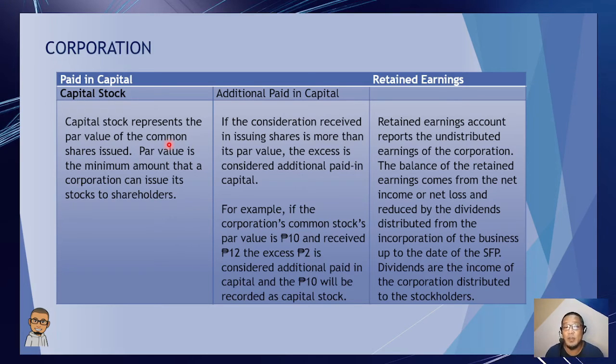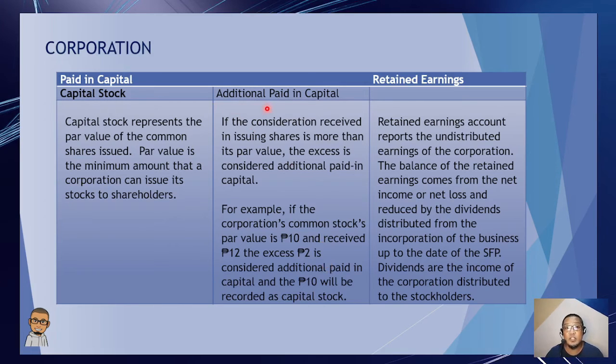For additional paid-in capital naman, yun nga yung sinasabi natin. Sa example nito, the corporation's common stock's par value is 10. Now, sabi nung mag-i-invest sa kanila, I'm willing to pay 12 pesos. Now, the par value is still 10, pero yung 2 na excess is what you call the additional paid-in capital.